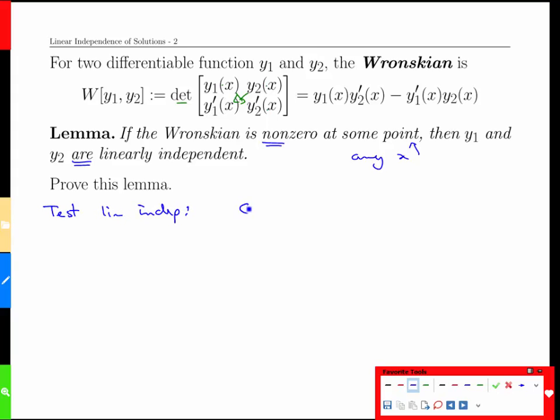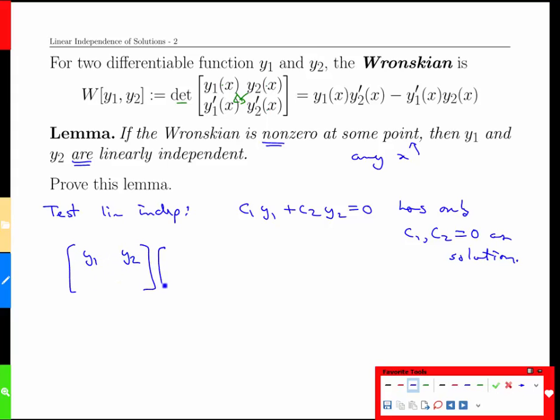And that's that c1 y1 plus c2 y2 equals 0 has only c1, c2 equals 0 as a solution. All right. Well, that we can write in matrix form. We can write y1 and y2 times c1 c2 equals 0. In fact, if you do your finger walking, y1 c1 and y2 c2, when we add them together, we should get 0.